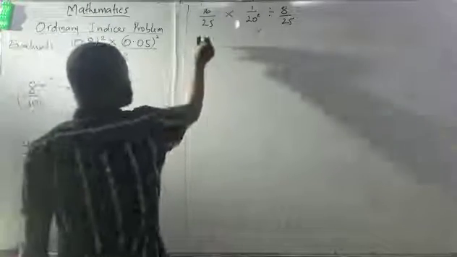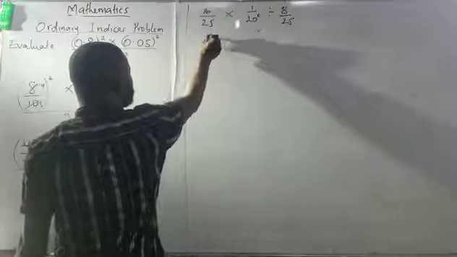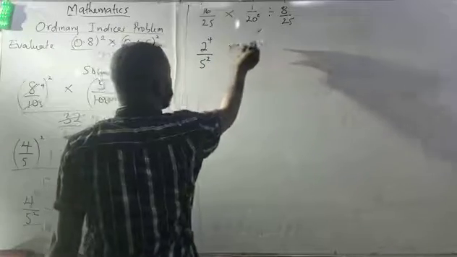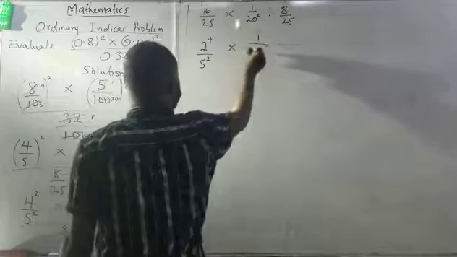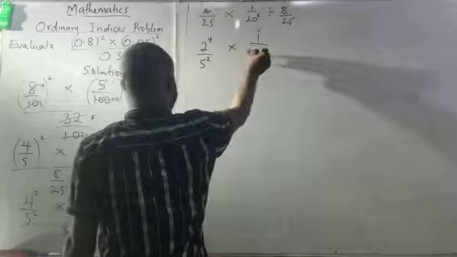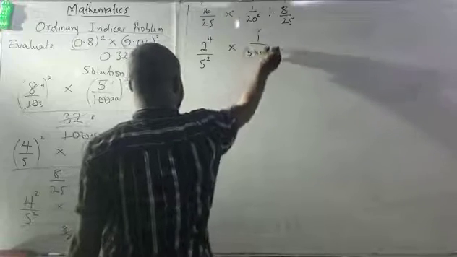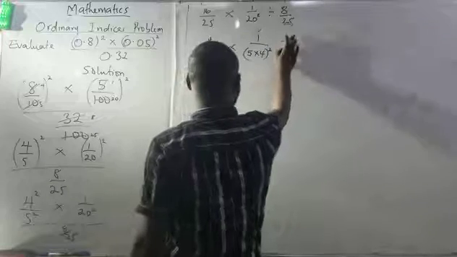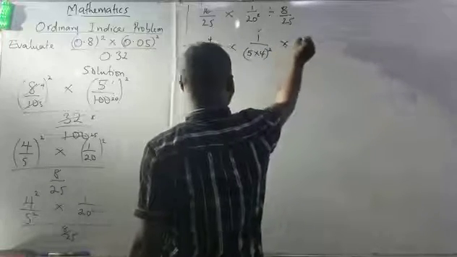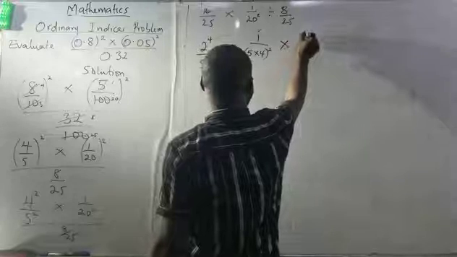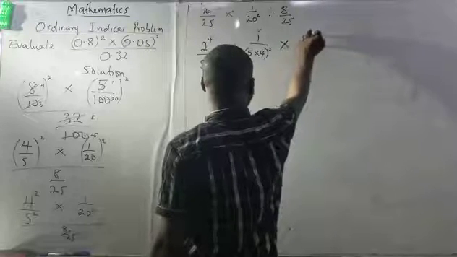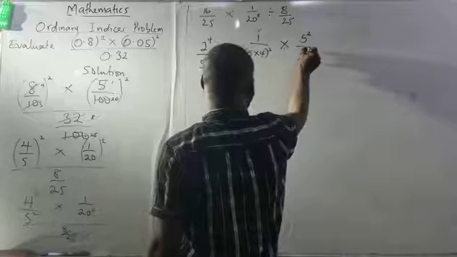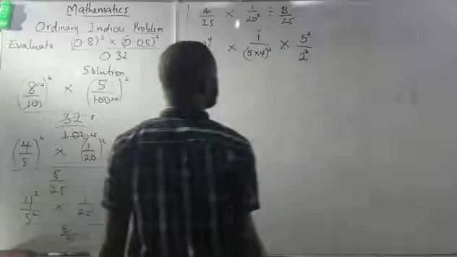I can express this as 2 raised to power 4, divide 5 raised to power 2, multiply 1 all over (5 times 4) powering 2, divides, which I can turn to multiply by 5 raised to power 2, that is 25, all over 2 raised to power 3. What did I just do there?